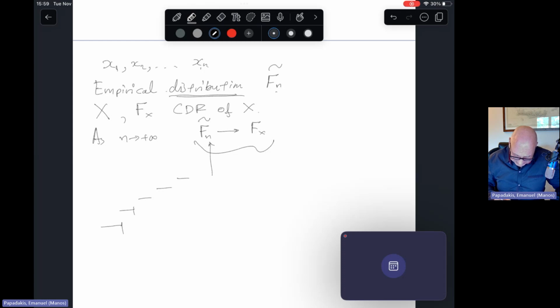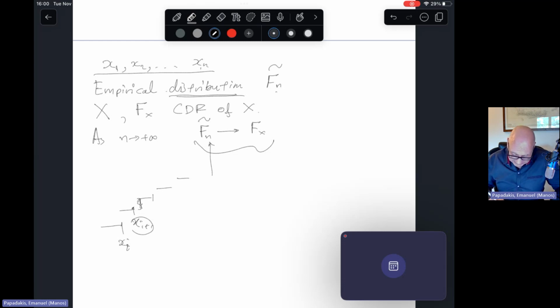These steps occur when you have a value in the data points. The difference between each step tells you the relative frequency of the actual x sub i plus 1 value. The numerical value has a certain frequency with which it appears in the data set. That gap here is expressed by this.